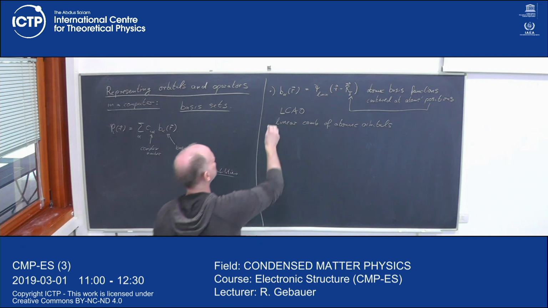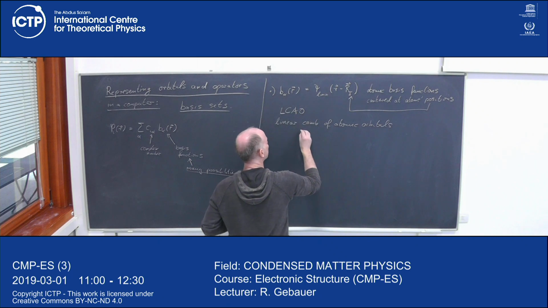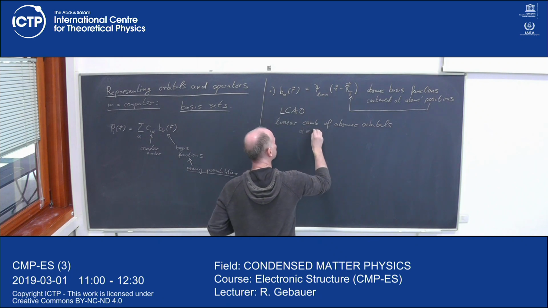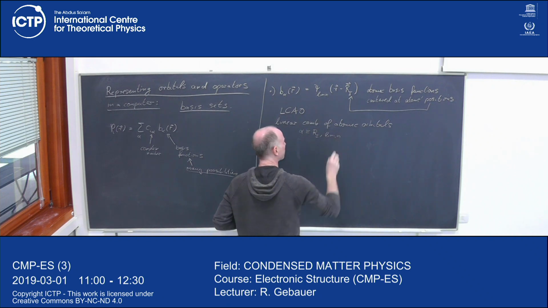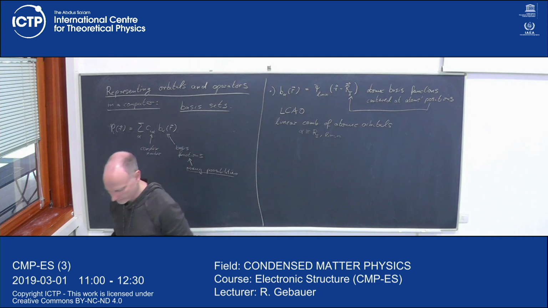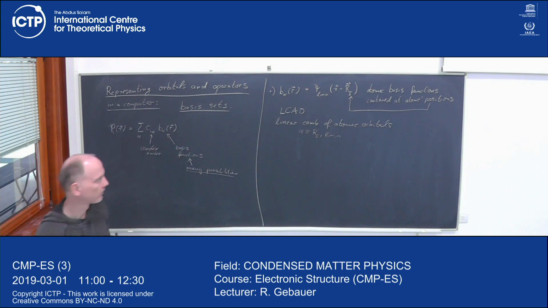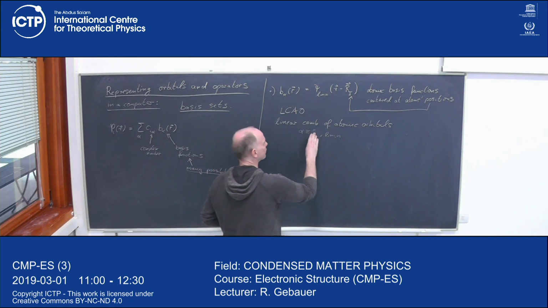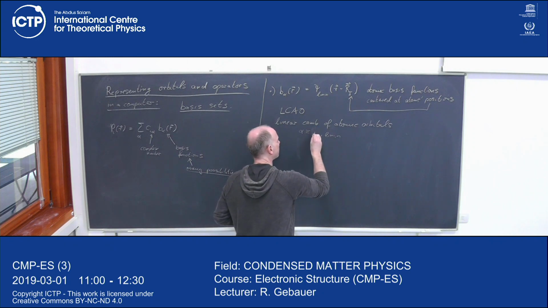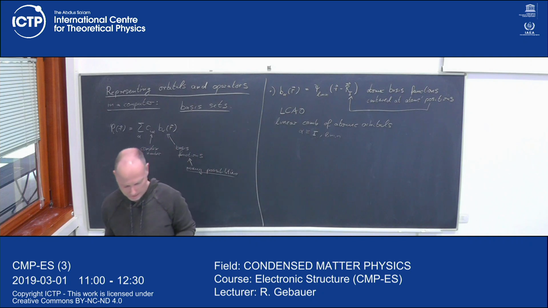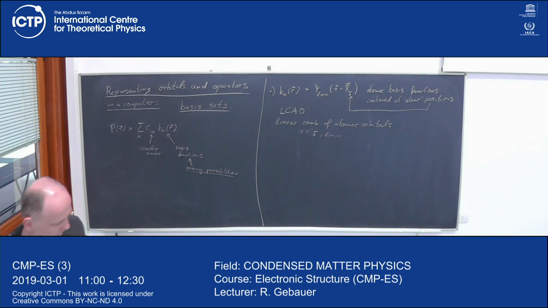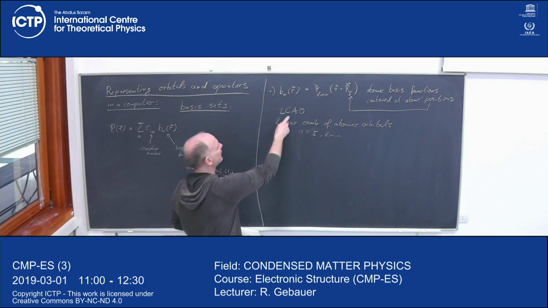So in this case, the index alpha contains the index of which atom you mean, and L and M, the quantum numbers of the atomic wave functions. Good. Great. So R, I, the index of the atom, L and M, and it's localized where the atom I is. So this is LCAO.